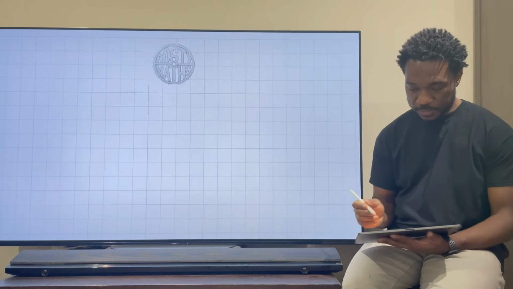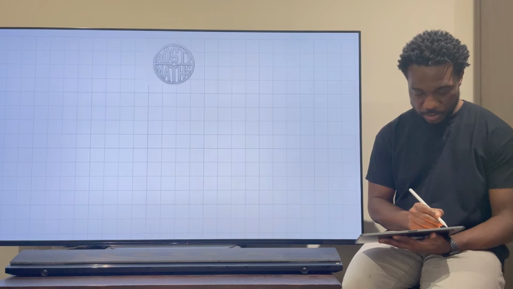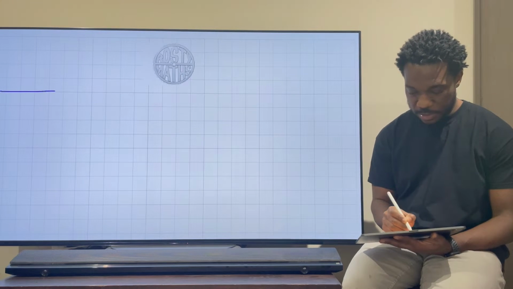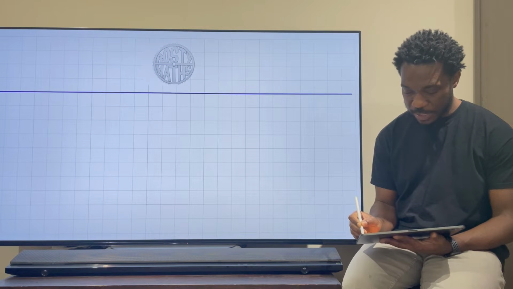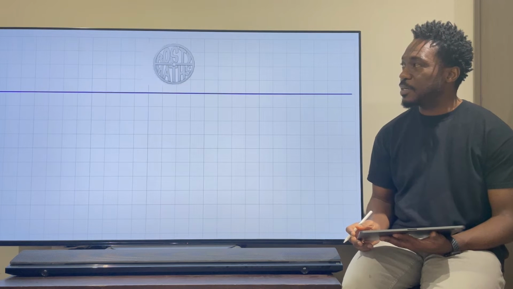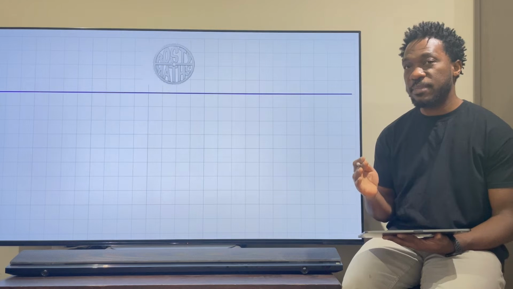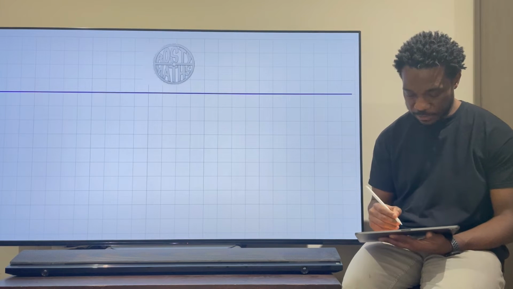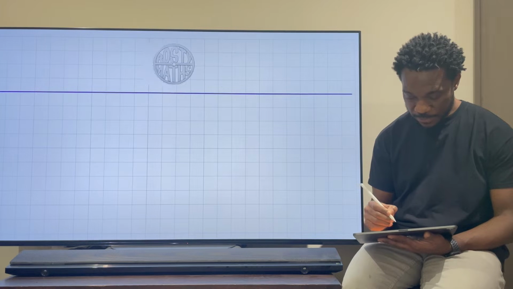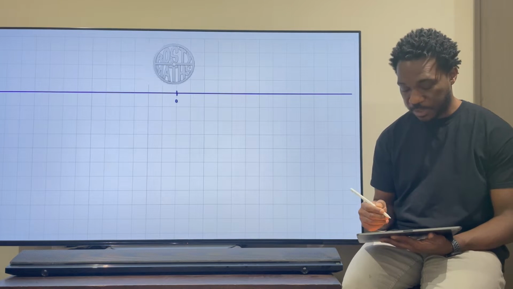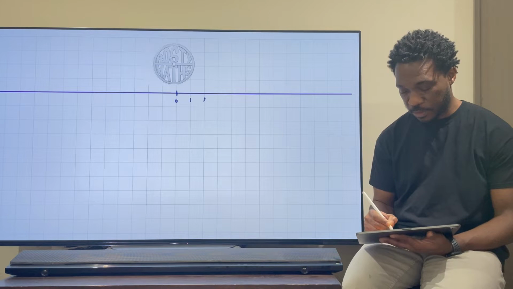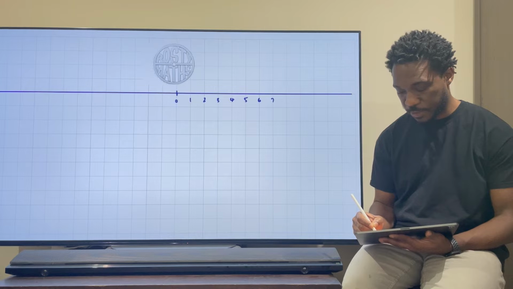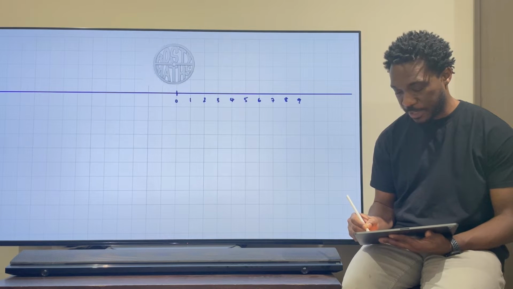What we're going to do is, after we put this number line in, we're then going to use the number line to make some generalizations about positive and negative numbers. So if you would bear with me, I'm going to put my 0 here and then my positive numbers 1, 2, 3, 4, 5, 6, 7, 8, 9, and 10.